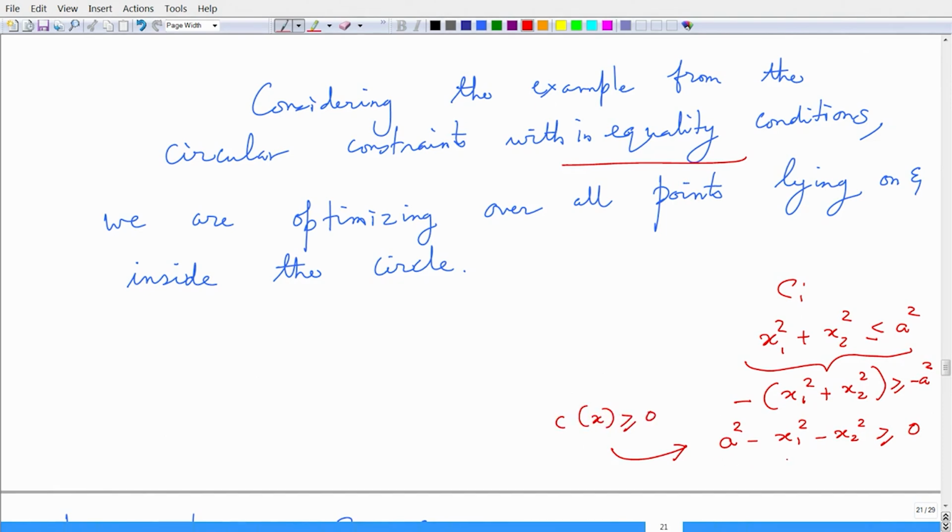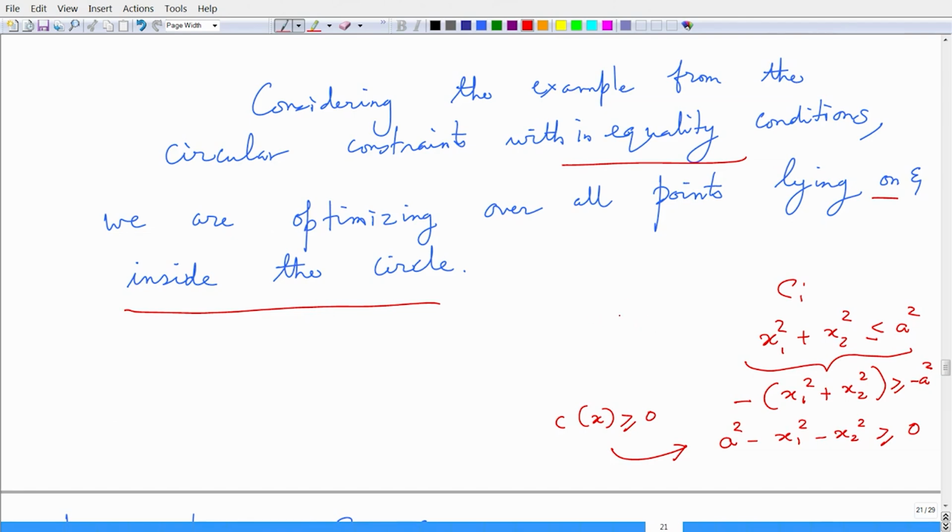So, a square minus x1 square minus x2 square greater than or equal to 0 still represents my constraint where I am looking at optimizing points that are lying inside the circle and also on the circle. The equality is on the circle and the inequality is inside the circle, right. So, this is an idea how we can start.